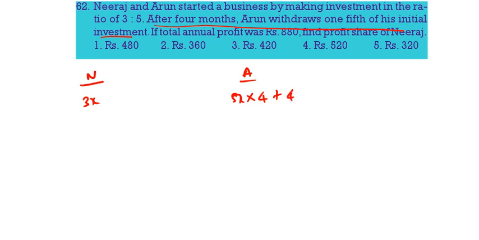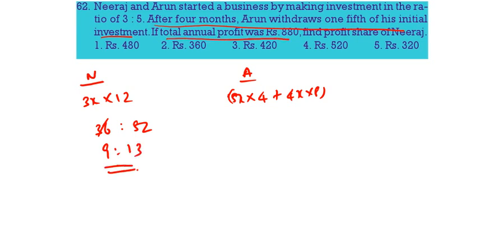After 4 months, it will be 4x because he is withdrawing 1/5, and it will be for 12. Therefore, this is 36. This is 20 plus 32, 52. So 4 9s, 4 13s. 9 is to 13. Total annual profit 8,880. Find Neeraj. Neeraj means 9 by 22. That is how much we are going to get? 360. 2 is the correct answer.